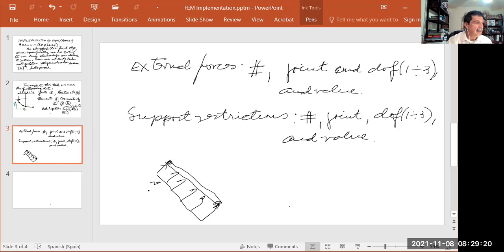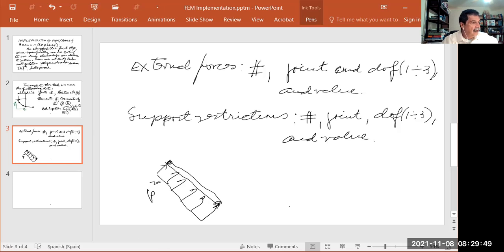Remember, this is P. What are the units of P, Ms. Gutenberg? Force per unit length, right? Because to get this value, what we do is we multiply the pressure times the spacing between frames. So we assume that every frame takes the load in that span, okay?